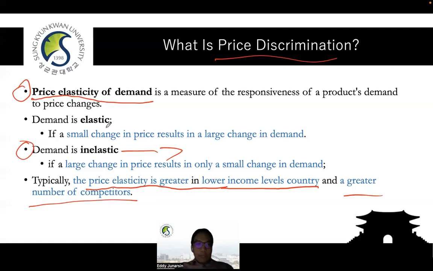This kind of demand is more elastic. Even a small change in price would affect the purchase decision by customers, because they will shift to another competing product, or they might stop consuming that product altogether for a temporary period.